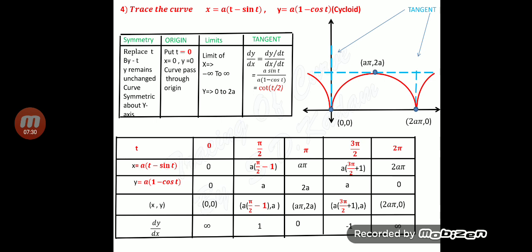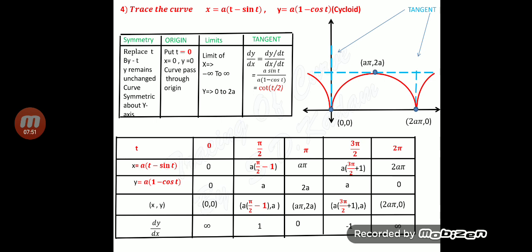Symmetry we have found by replacing t by minus t, and already I have told you a cycloid is always symmetric about the y-axis because y contains a function of cos, and cos is an even function, therefore it is symmetric about the y-axis.